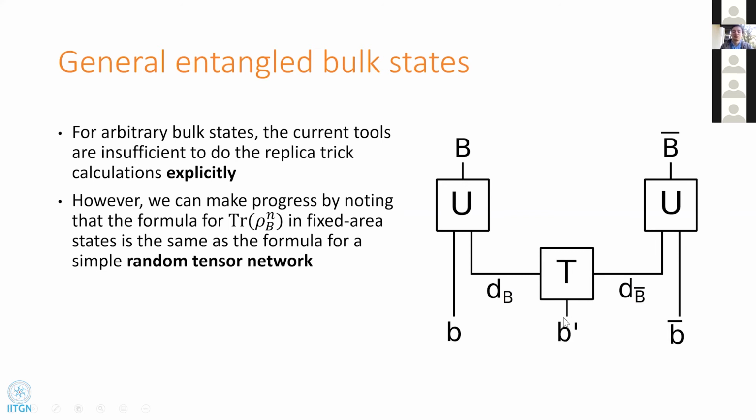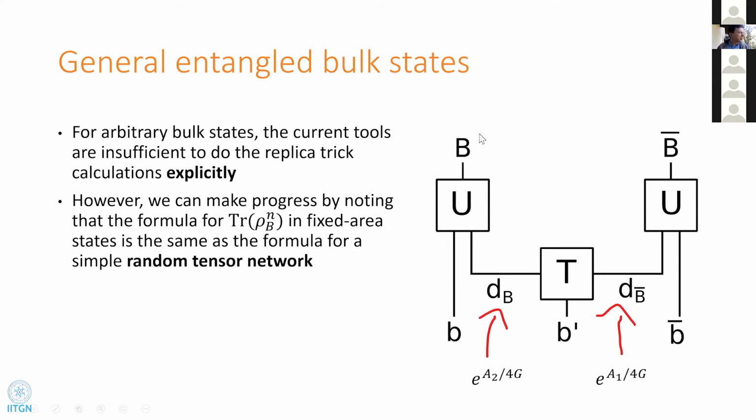We have some bulk states on little b prime and little b bar, and the one on little b prime gets input into a random tensor with output dimensions db, which is going to equal e to the a2 over 4G, and db bar, which is going to equal e to the a1 over 4G. Then we take those degrees of freedom, add in the ones from little b and little b bar respectively, apply some random unitary, and get an output on state big B.